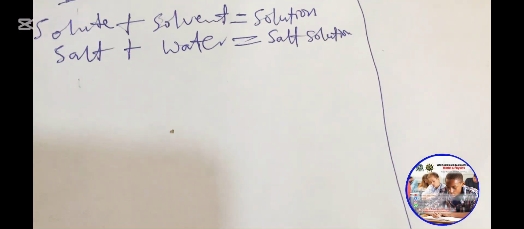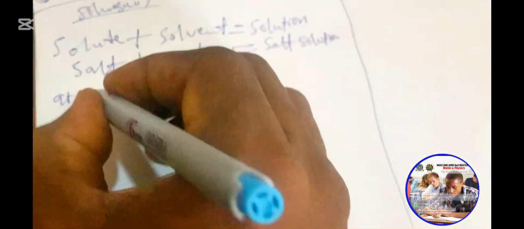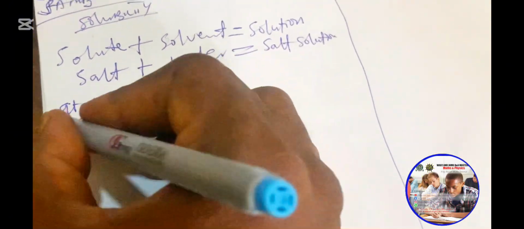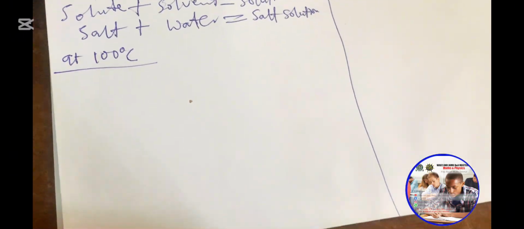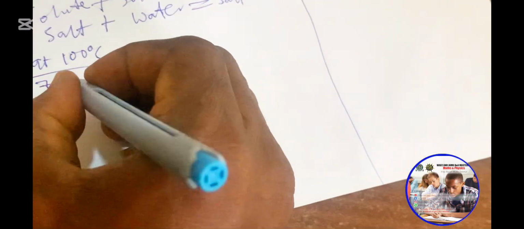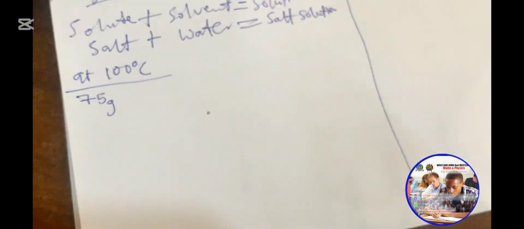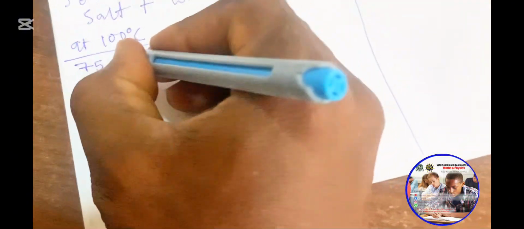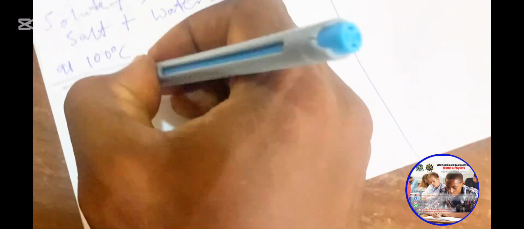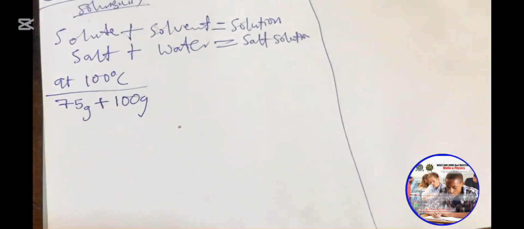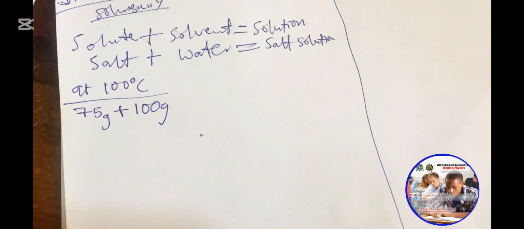So we are going to be solving this gradually. We say at 100 degrees Celsius, 75 gram of copper sulfate was dissolved in 100 gram of water, right?